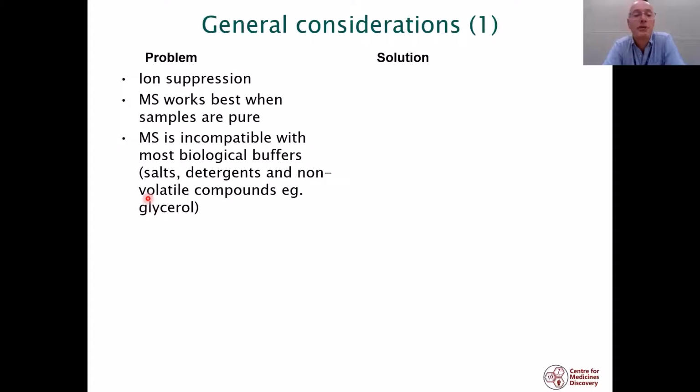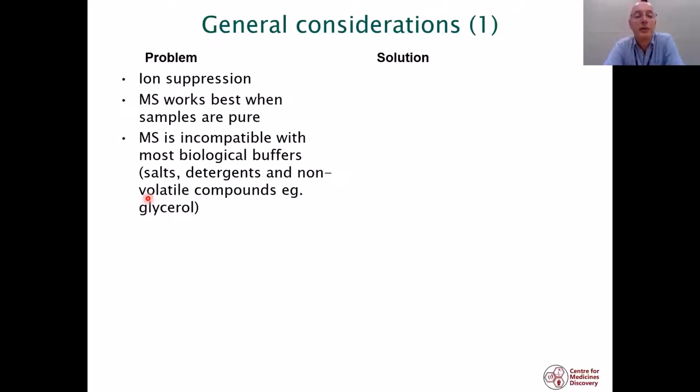So in mass spectrometry, very often what you see is not necessarily what's there. What you see is what ionizes preferentially. And the corollary to this is that mass spectrometry works best when whatever it is you're analyzing is pure. Now, in a biological context, that is almost never the case.